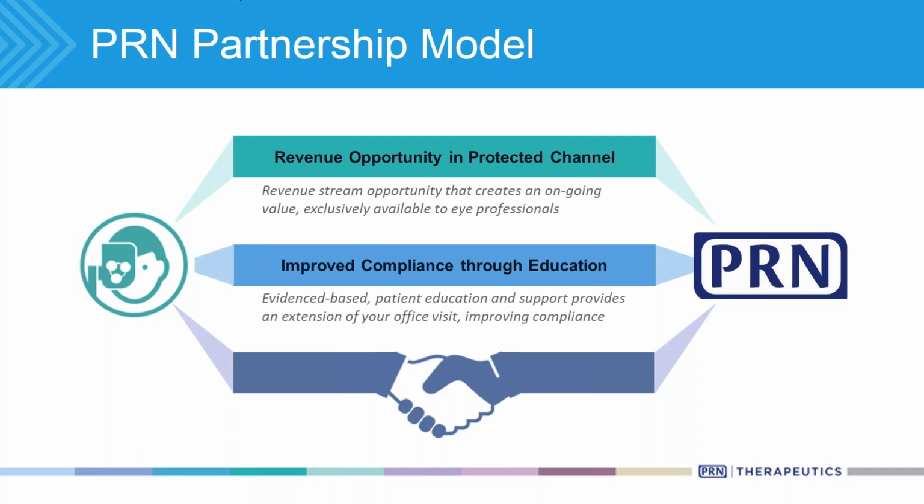So you don't have to worry about competing with any brick and mortar or online retailers. This is something exclusive to you. And one of the main pillars of our business model is that we provide an educational experience to your patients, and in doing so, we have all the data to prove that by providing that experience, we're able to improve long-term patient compliance across all of the products that are within our portfolio.